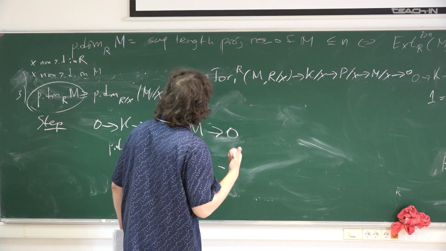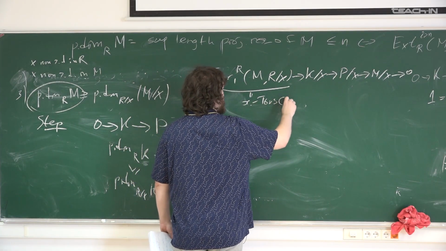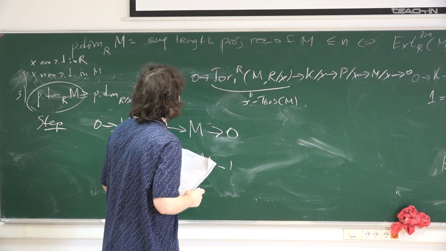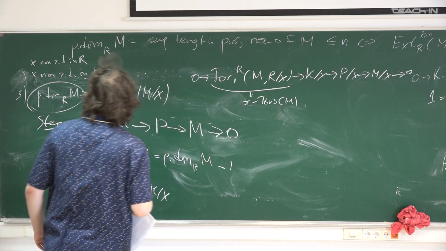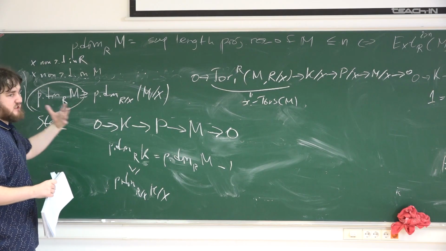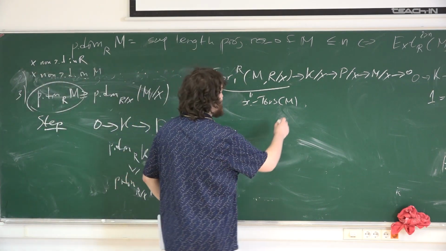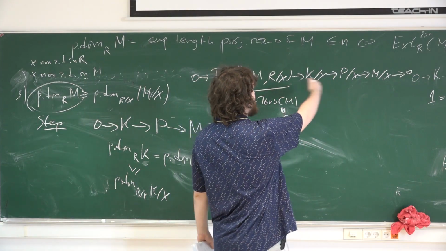But now this is the Tor of M. Now we know that X is a non-zero divisor in M, which means that Tor is 0. So in fact, this is now a 0 module. So we have this short exact sequence.